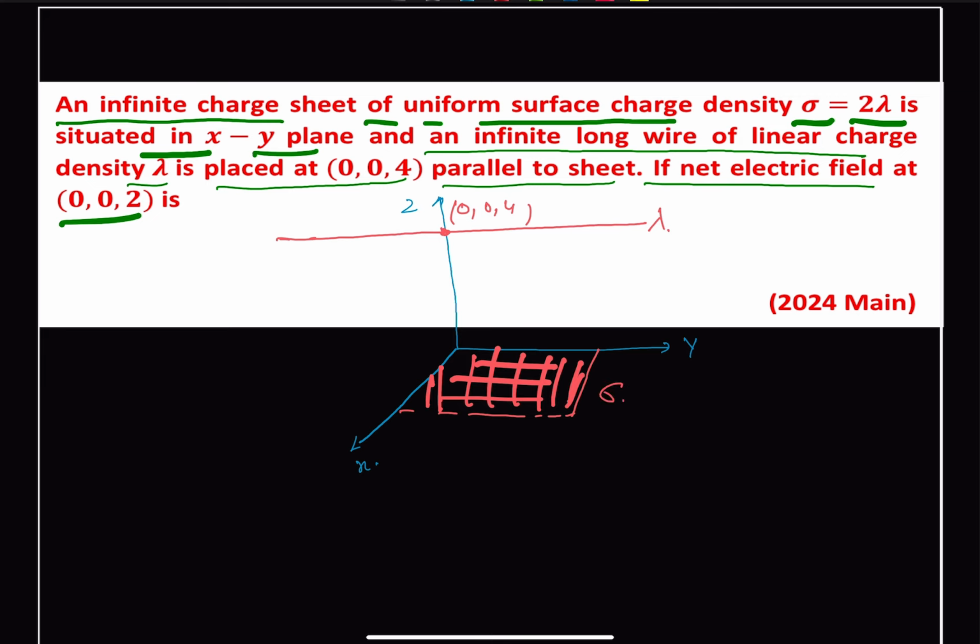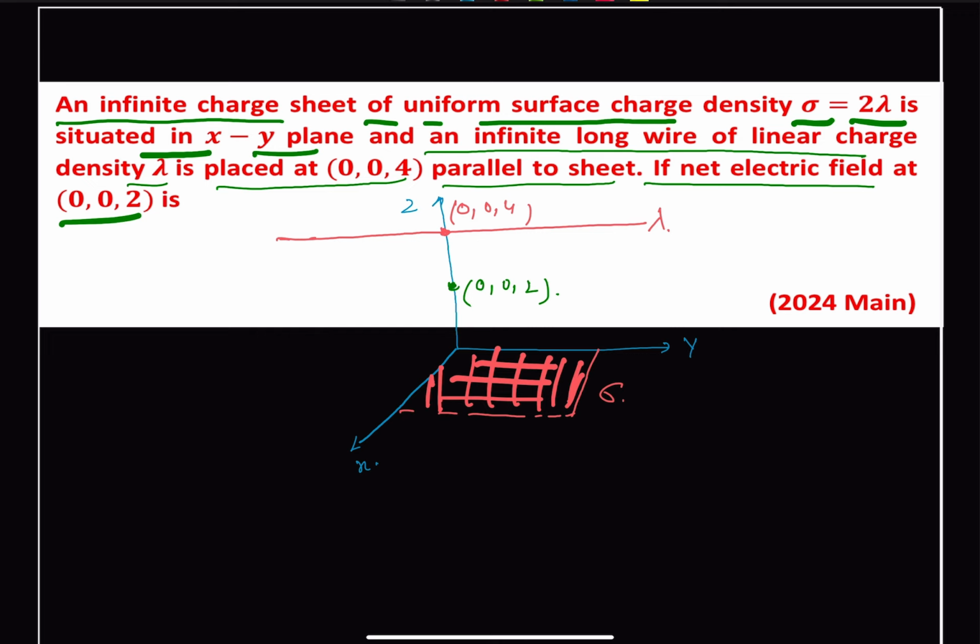We need to find out the electric field at 0, 0, 2. So we have to find the electric field, which is somewhere here, that is 0, 0, 2. Basically we have a sheet as well as a wire, and their relationship is given.